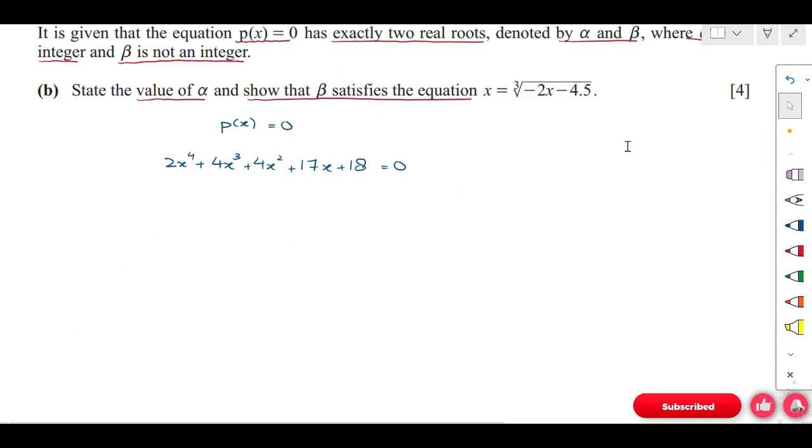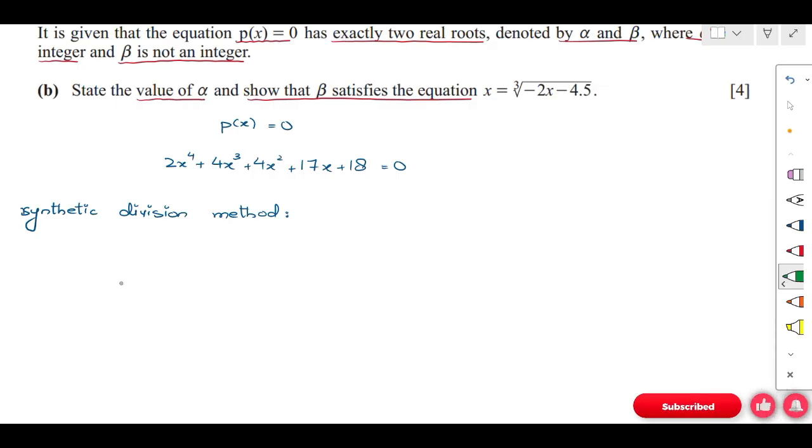Apply the method of synthetic division. The method of synthetic division basically reduces the power of the polynomial.